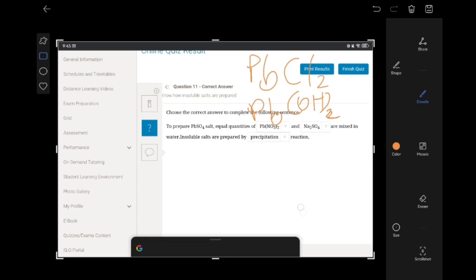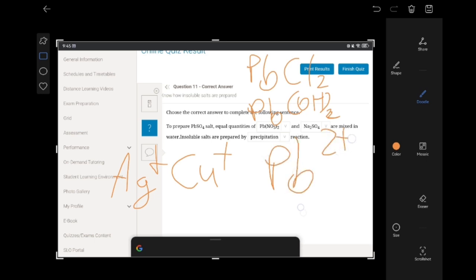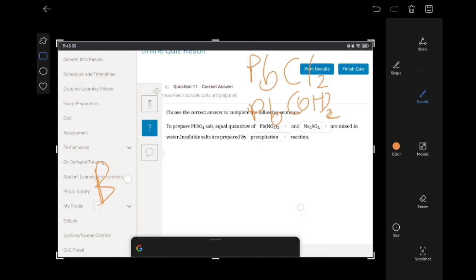Halides are soluble with everything except for Ag+, Cu+, and Pb2+. And hydroxides are insoluble except for Ba2+ and Sr2+. This isn't Ba or Sr, so it's insoluble, and this is Pb, so it's insoluble.